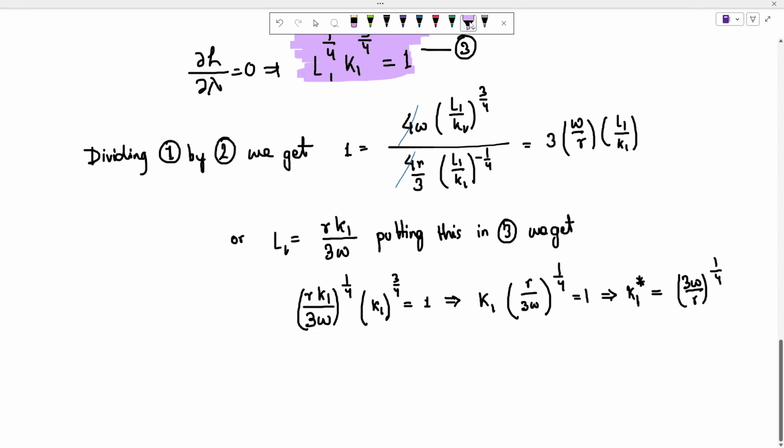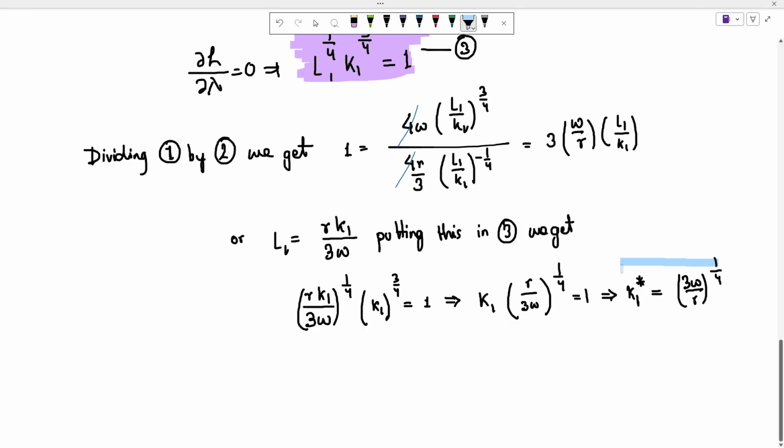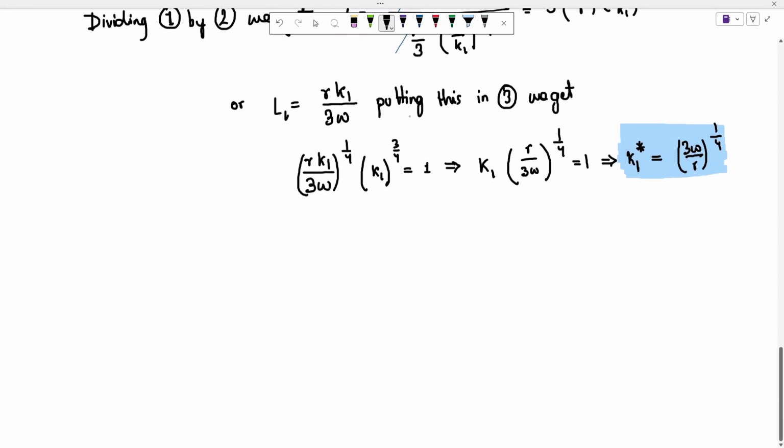So this is the conditional input demand for capital.